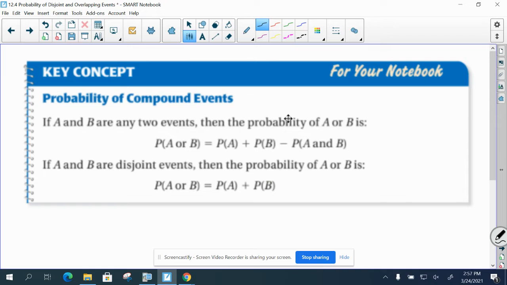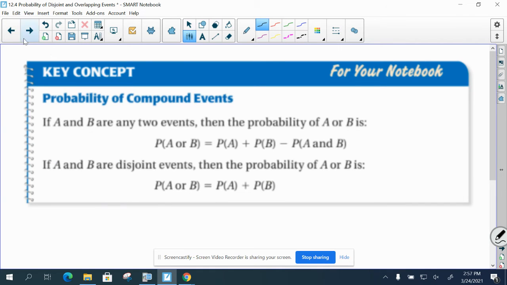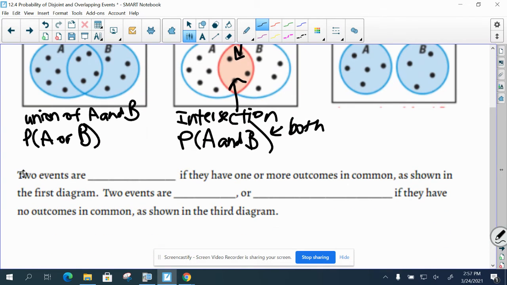And then let's say, I think this is on the next slide here at the bottom. Oh, I see, it's down here. Two events are called overlapping if they have one or more outcomes in common. So these two would be overlapping, as shown in the first diagram.